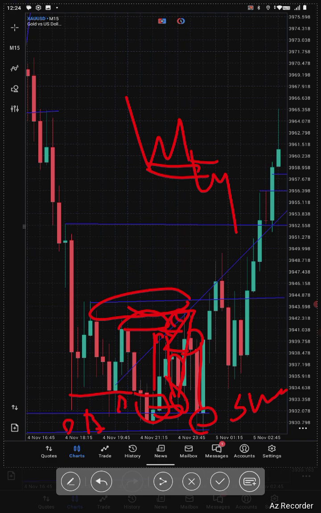The smart traders buy around here. Why? Because they sweep down to clean up the traders who bought, and then the price sweeps down, and finally some of the buyers have their stop loss around here.